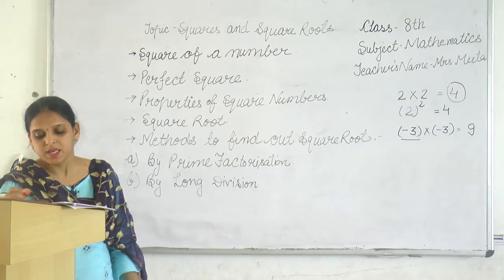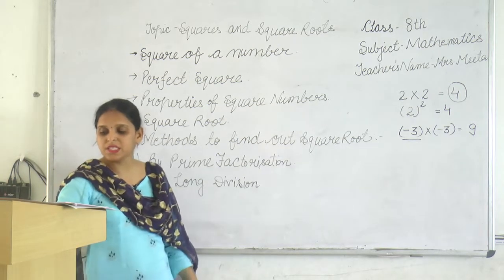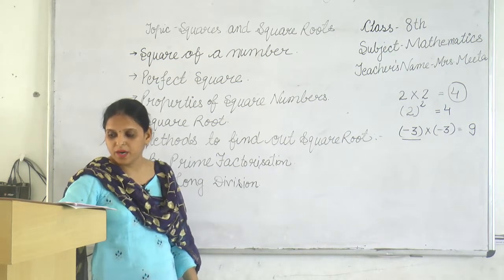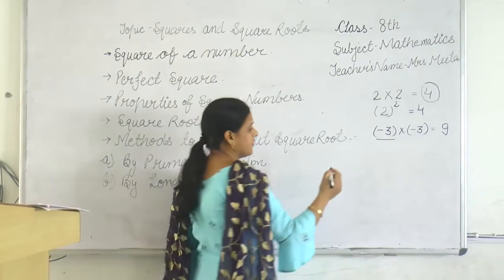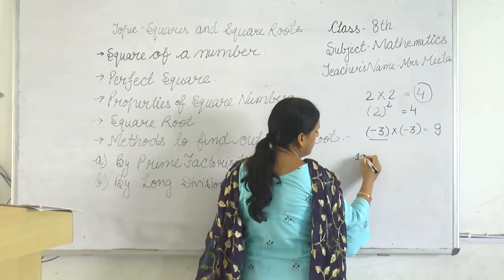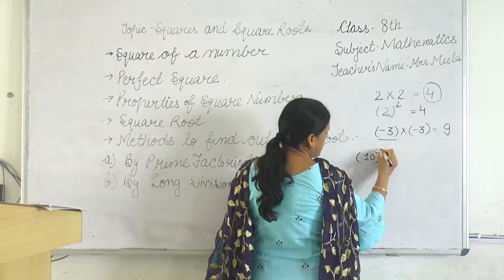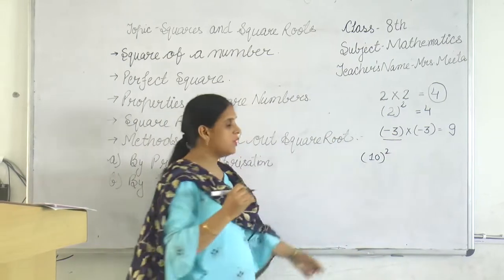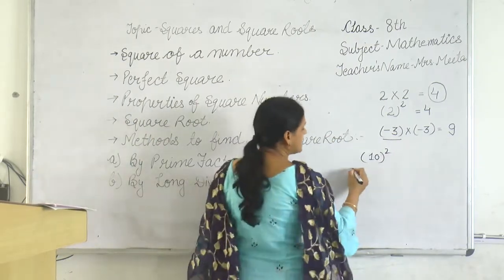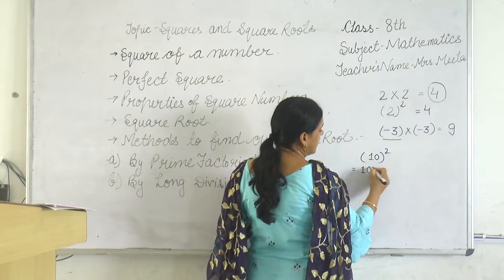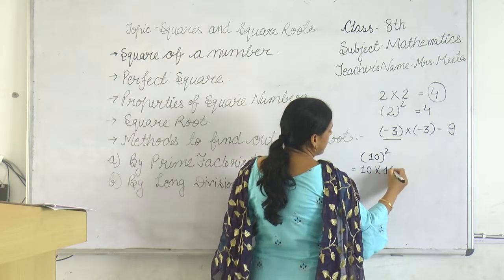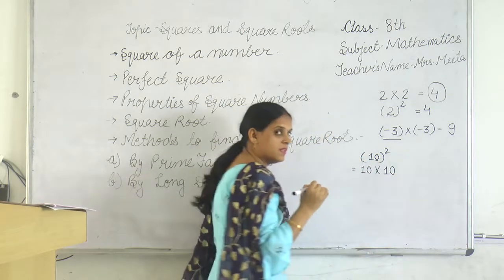The next one is the number of zeros in the square of a number with n zeros is 2n. I am giving you one example, 10 square. If we find the value of 10 square, this is equal to 10 multiplied by 10. Here there is 1 0 in the number.